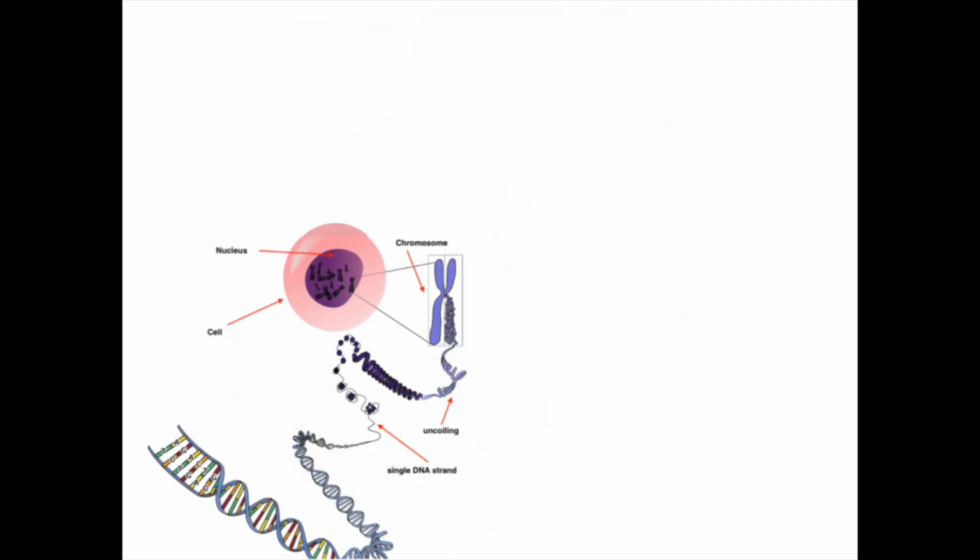So this model assumes that every chromosome, like this one, contains but a single linear strand of DNA, all wrapped up and coiled up like a rubber band within a chromosome. What I'm saying here is that is not correct.